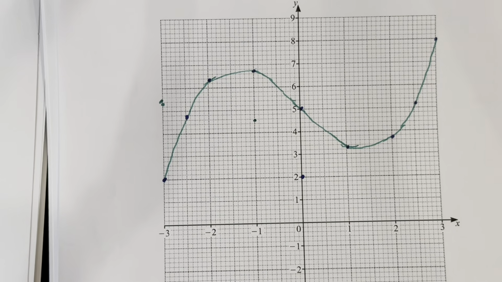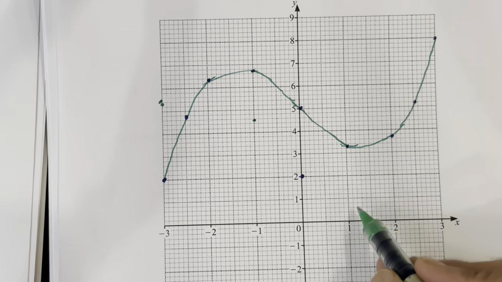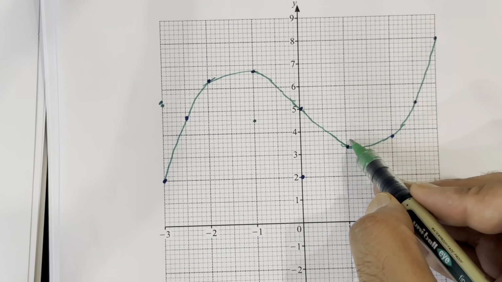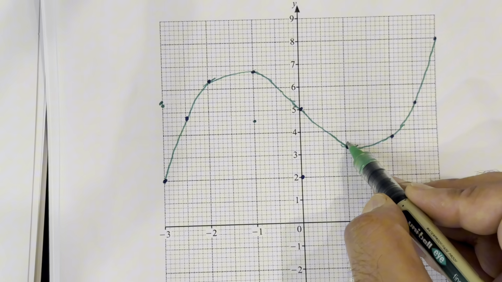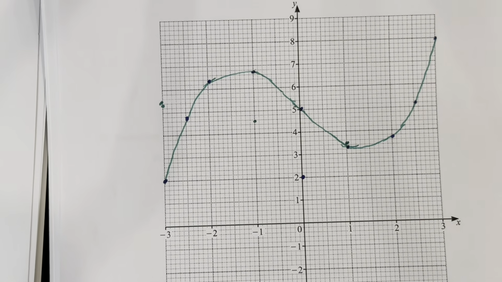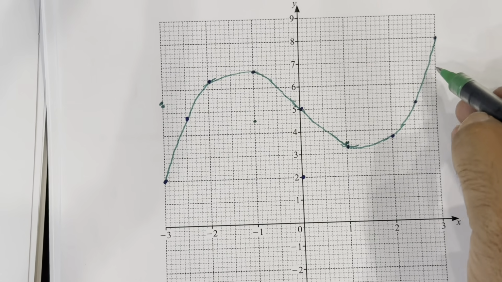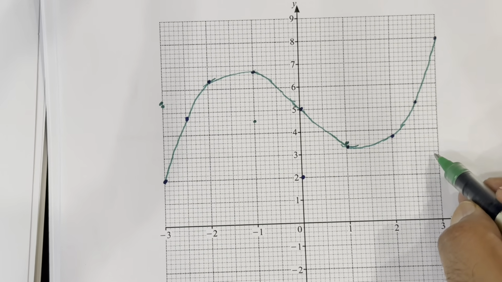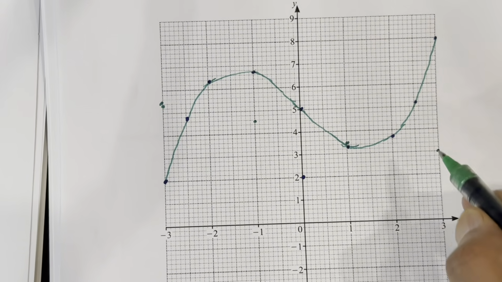And for the value of 1, the answer is 3.5, which is almost equal to here. And for the last value, x equal to 3, the answer is 2.5. Where is 2.5? Here is 2.5.